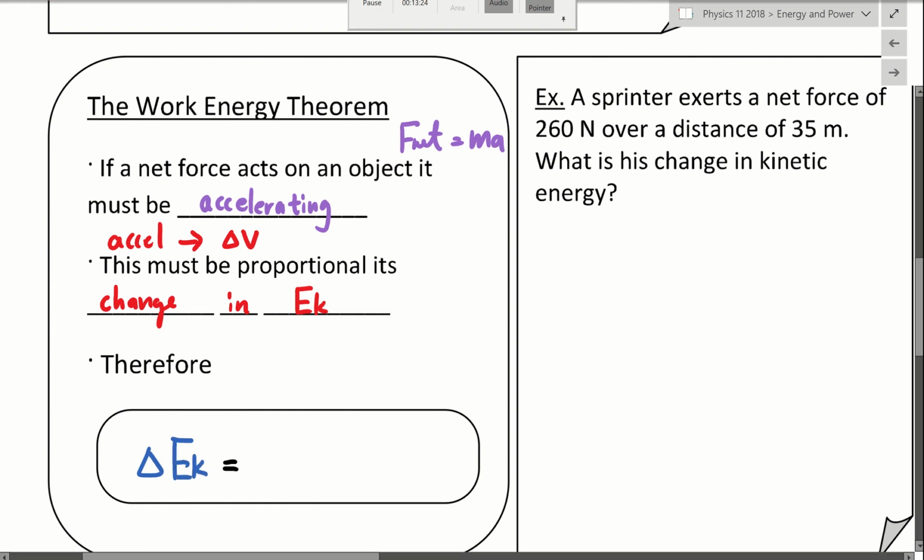So we can conclude that the change in your kinetic energy is equal to the amount of energy that you transfer to the object if you're trying to make it go faster. So that means this would equal your work done.